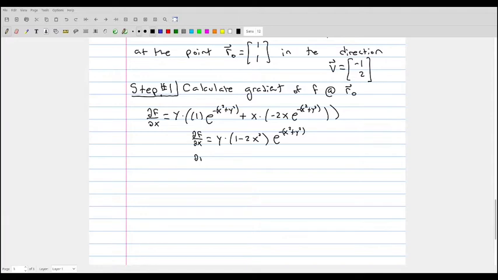And then similarly, if you calculate the partial derivative with respect to y, you will get the same answer, just with x's and y's switched. I encourage you to go through and calculate that, or remember that this is a symmetric function, so because of that, we can use symmetry when calculating the derivative.